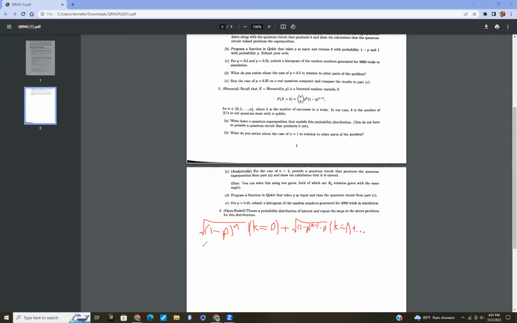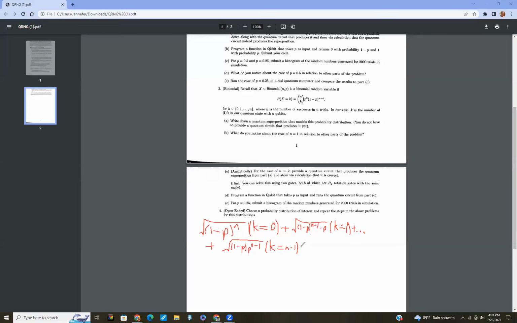So plus the square root of 1 minus p times p to the n minus 1 times all quantum states where there are n minus 1 ones in the quantum state, so k equals n minus 1.